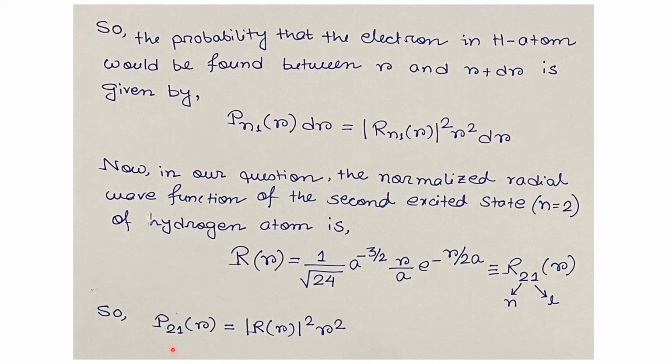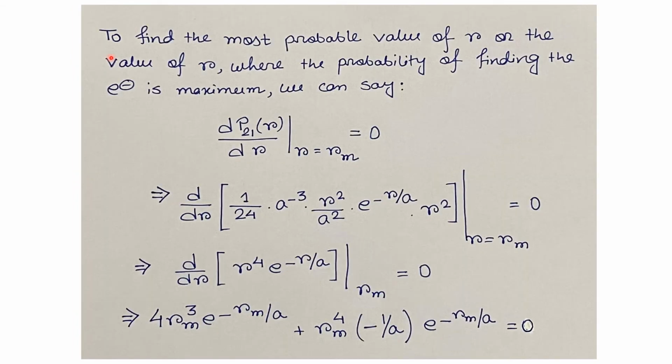Now, the probability density function P21 in this case is mod of R(r) square times r square, where R(r) is given by this. We have to find the most probable value of r, which is the radial distance, or the value of r where the probability of finding the electron in the hydrogen atom is maximum.